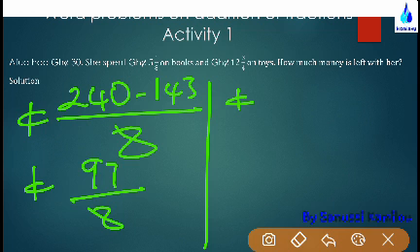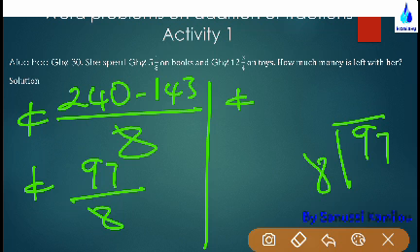So we shall do our long division, 97 divided by 8. Okay, so ask yourself, you pick 9 first. 8 will go into 9 once, so 1 times 8 will give me 8. If I should subtract it, I'll get 1. Then remember, we will bring down the 7. Now you're having 17 divided by 8.